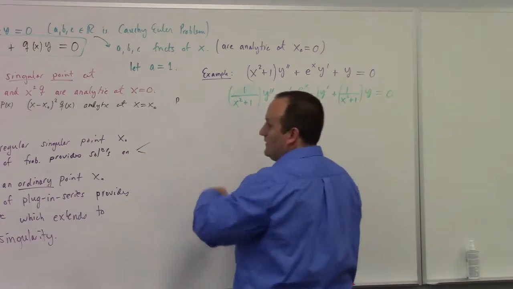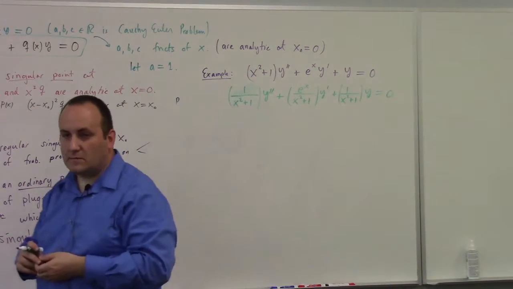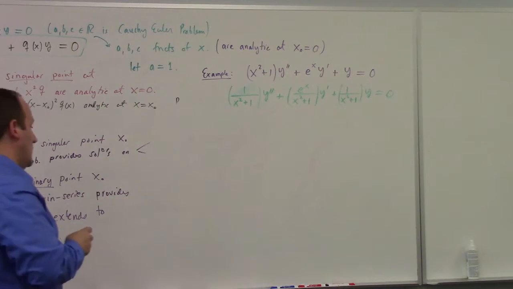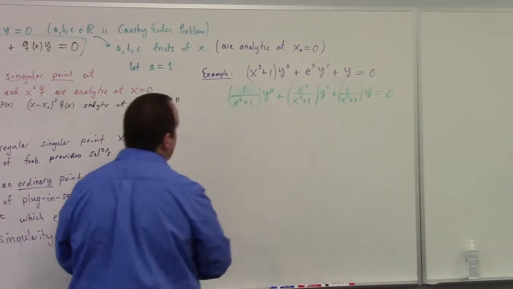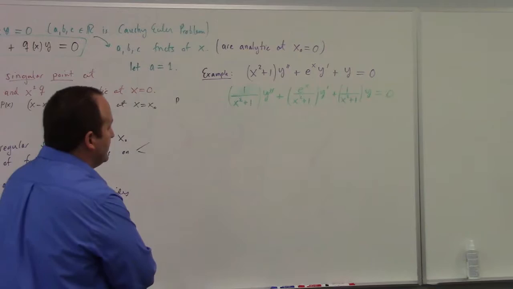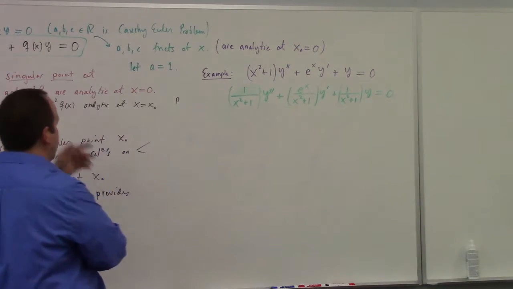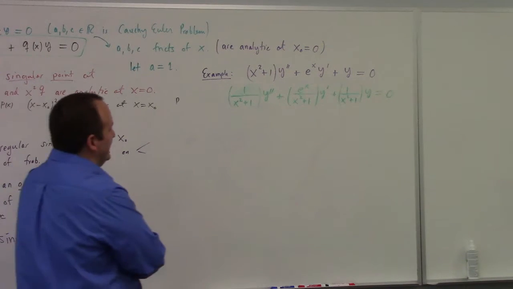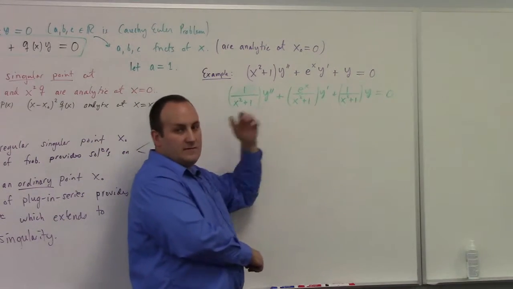Basically you need to consult a graduate DEs book. I know that they're there, but I don't know how to do them. So we just talk about regular singular points in here, and we study irregular singular points from afar, like this.